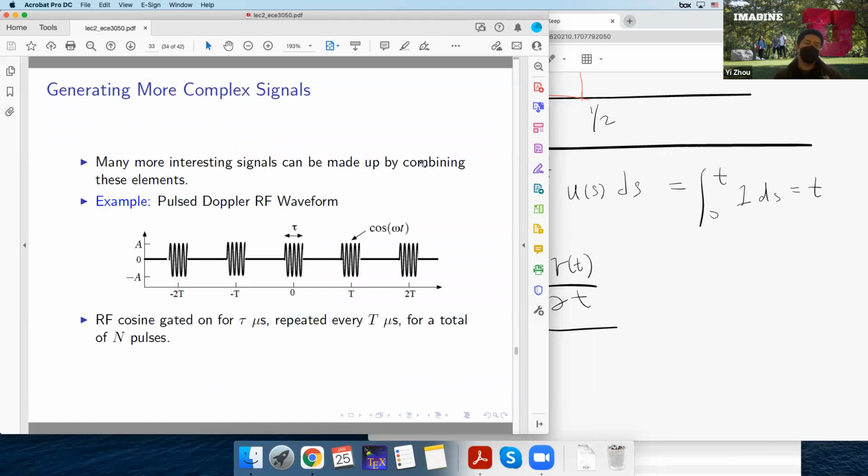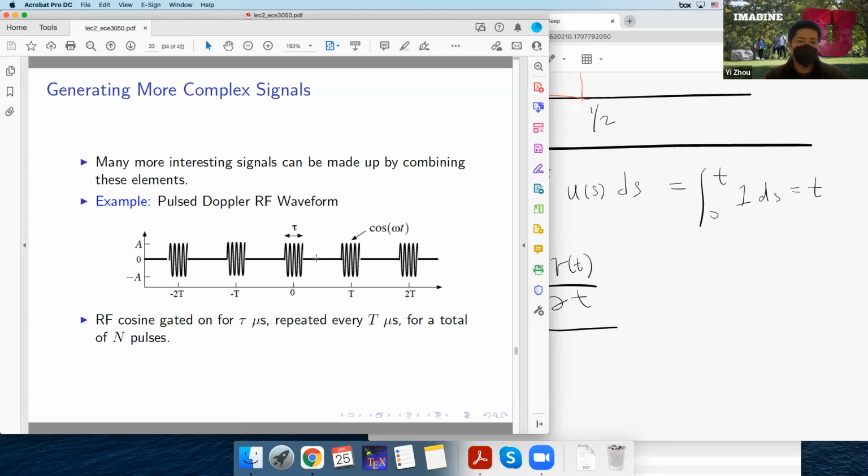Okay. And then once we have the previous special signals, we can generate more complex signals using those special signals. For example, if we want to generate this pulsed Doppler waveform, now this is a periodic signal, and what it does is that periodically we will have a cosine omega t, a cosine signal that lasts for tau seconds.